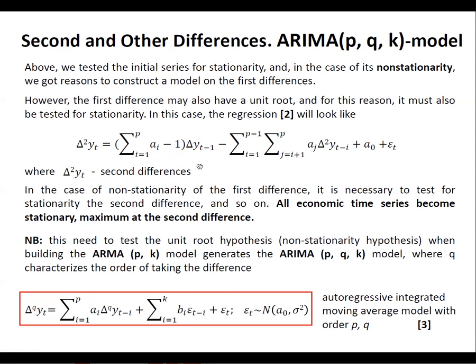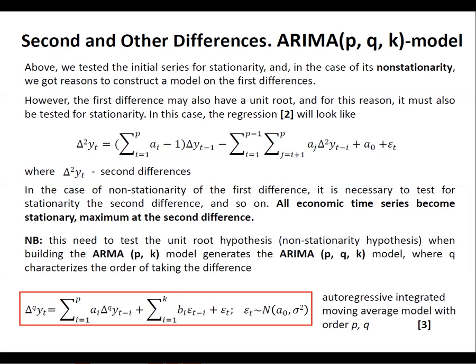This multiplier is being tested: whether the sum of autoregression coefficients minus 1 is equal to 0 or not. If the first difference turns out to be non-stationary, then accordingly we similarly pass to the second differences, and so on.